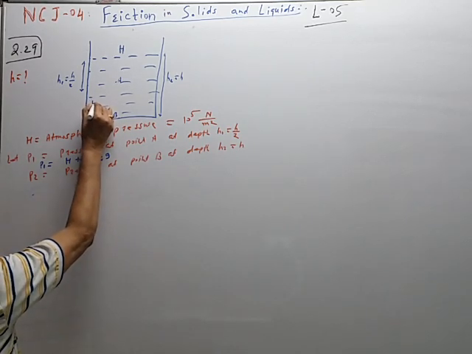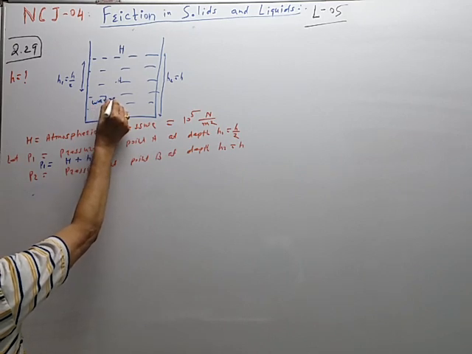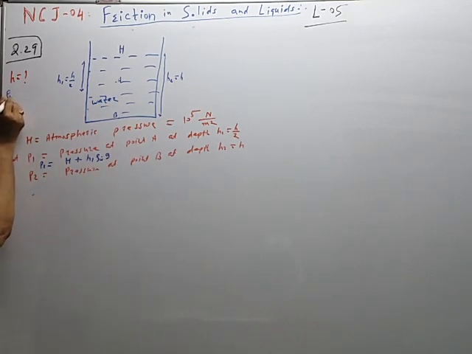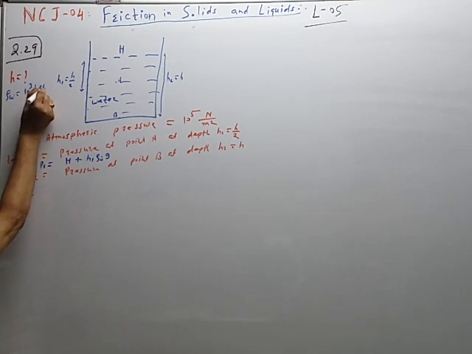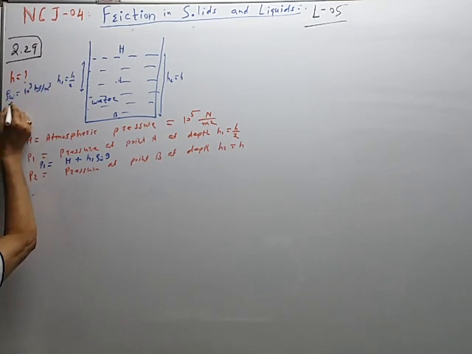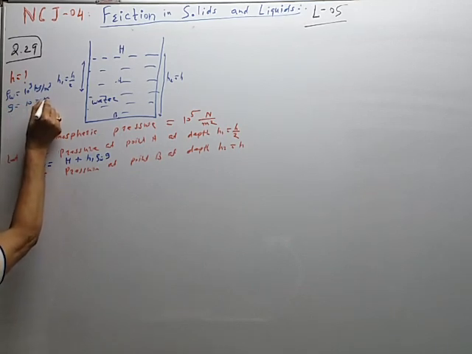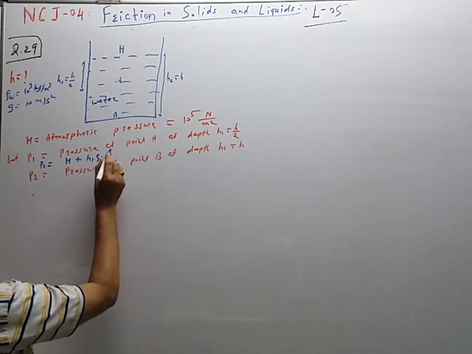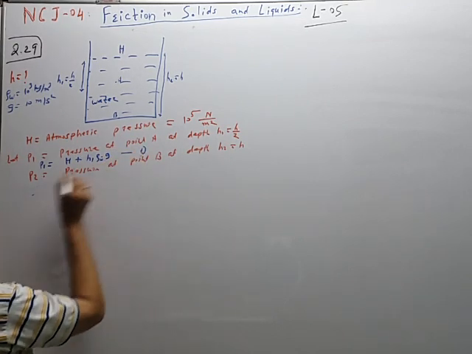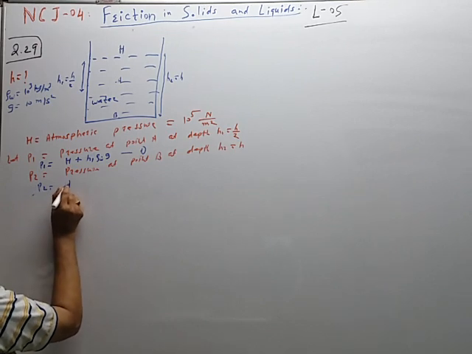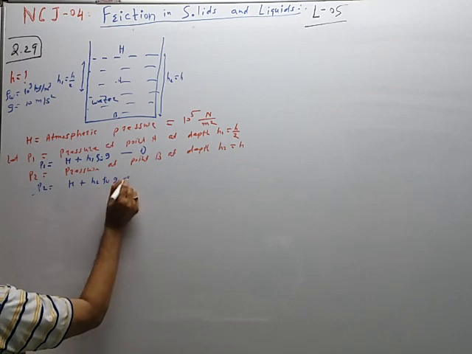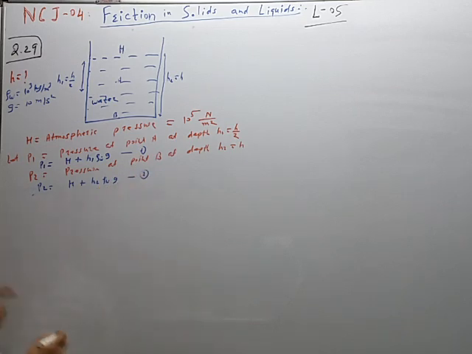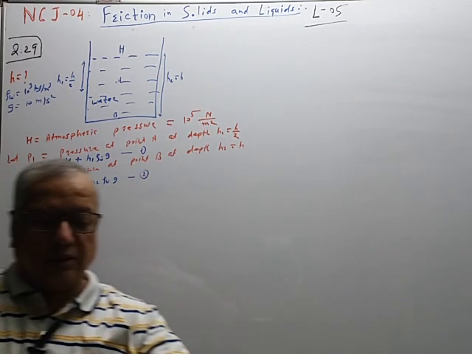The water की density अपना लगे. Rho W is equal to 10³ kg per meter cube. G is equal to 10 meter per second square. So this is equation 1. P2 is equal to atmospheric pressure H plus H2 into density of water into G. This is equation 2.